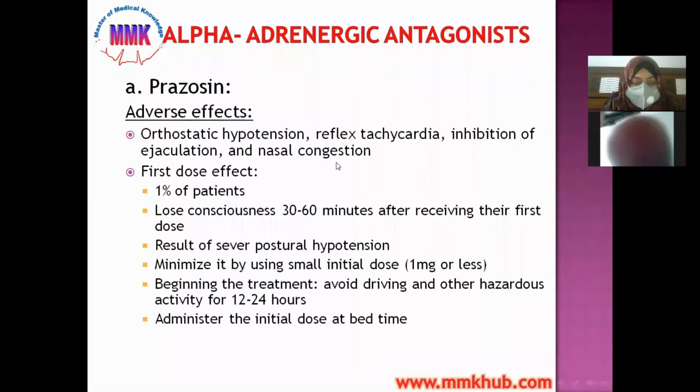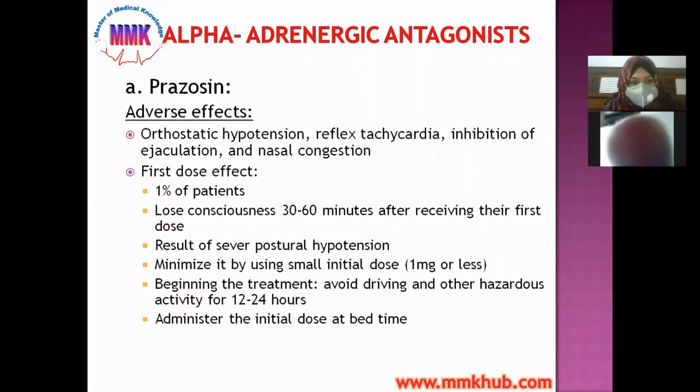Now, the side effects of prazosin are the same side effects which an alpha blocker will cause, which we have already studied in the previous slides: orthostatic hypotension, reflex tachycardia, inhibition of ejaculation, and nasal congestion.